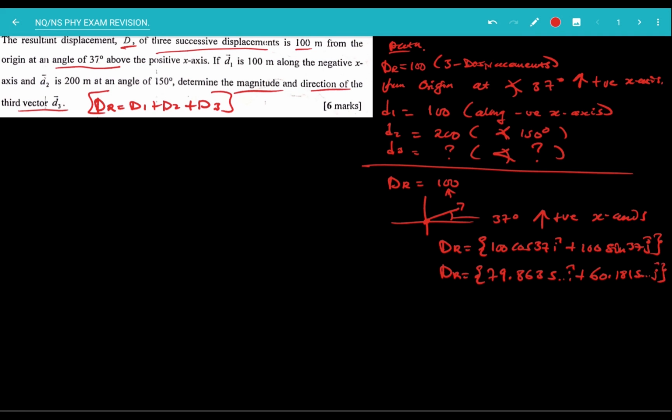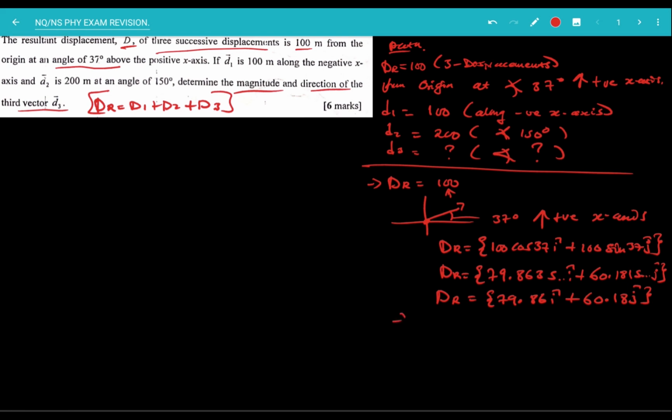If I round off to two decimal places, dr will be 79.86 in the i plus 60.18 in the j. That's my d resultant resolved.